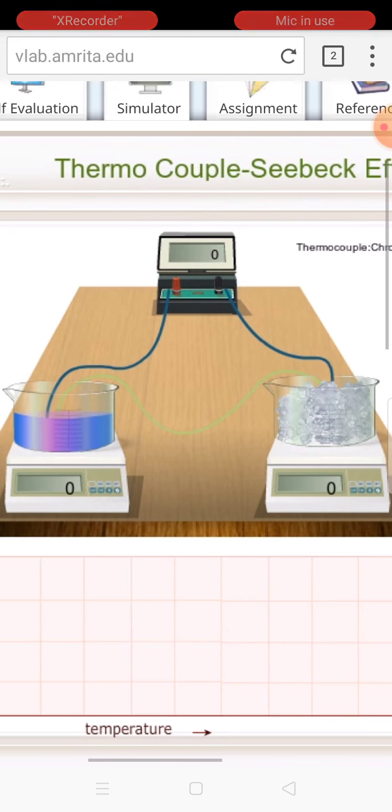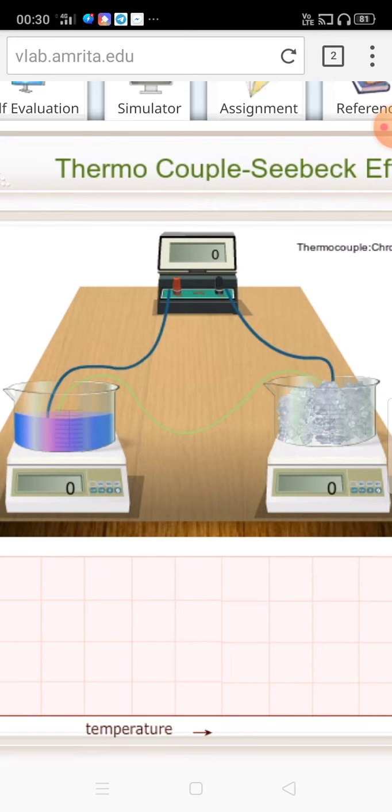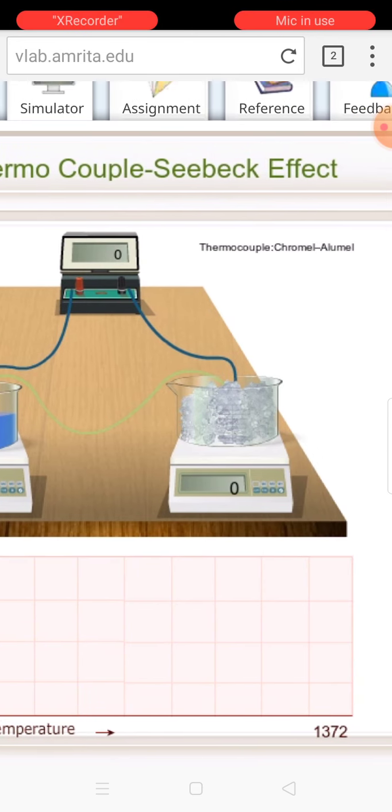Down there are junctions of two different colors where two junctions are connected to hot and cold surroundings, but presently they are at 0 degree temperature and 0 voltage. Voltage is always measured in microvolt or millivolt, and temperature in degree centigrade or Kelvin. That is what we should use: centigrade and millivolt.